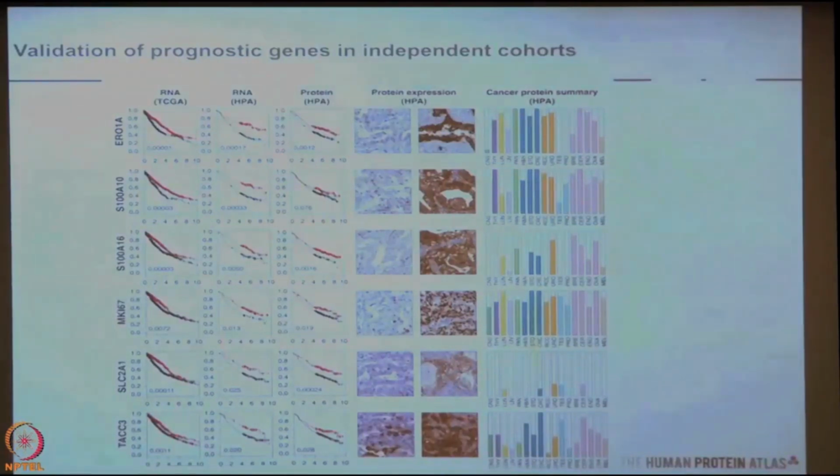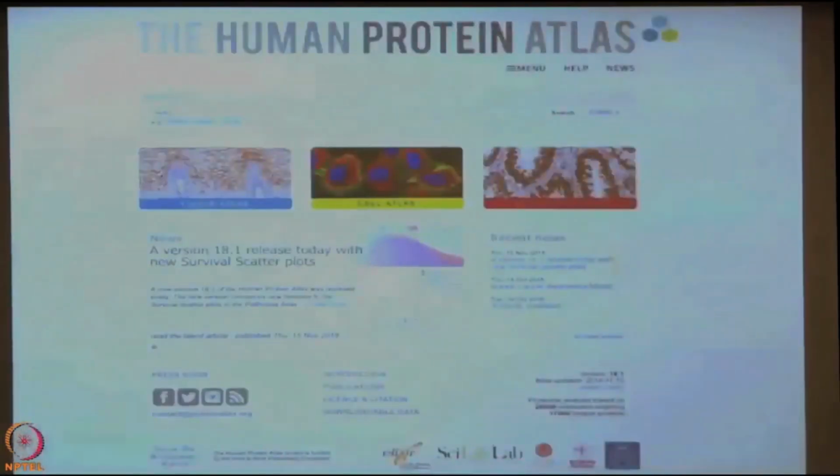So this is lung cancer, and this is our primary data from the TCGA, and then we had our own cohort of 400 lung cancer patients, and only the candidate proteins that stand a test in a totally independent cohort are the ones that could actually be clinically interesting and relevant. And we could also show that this was true on the protein level by using tissue microarrays from tumors in large patient cohorts.